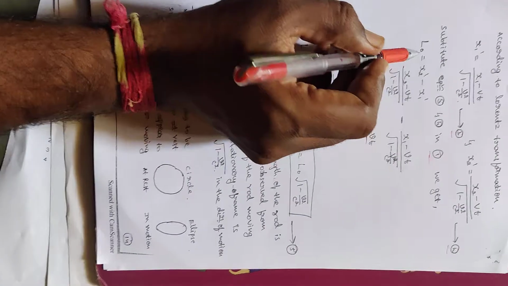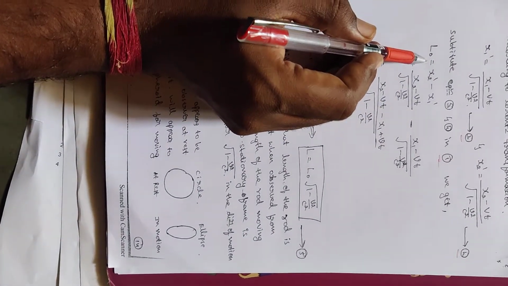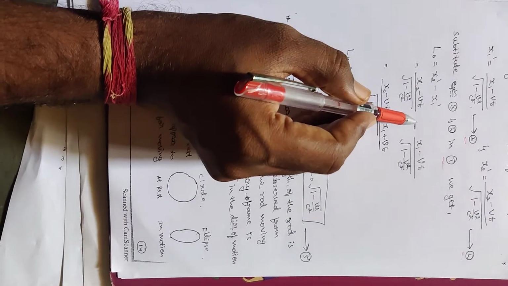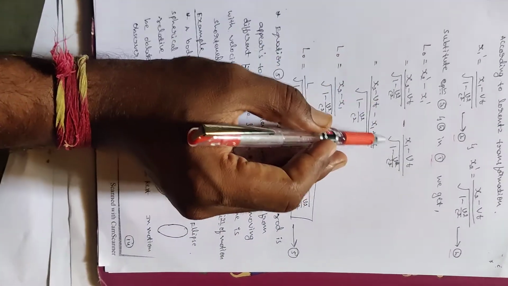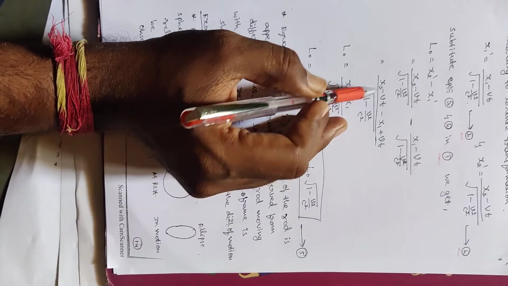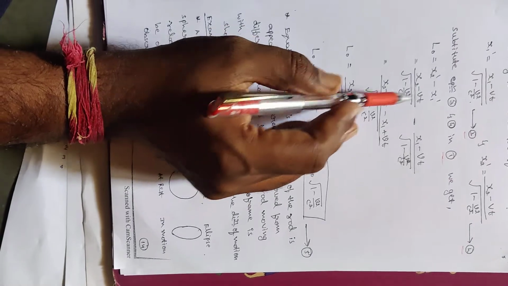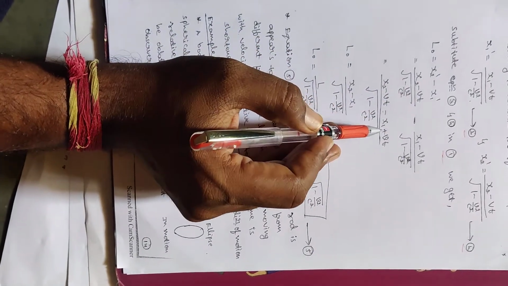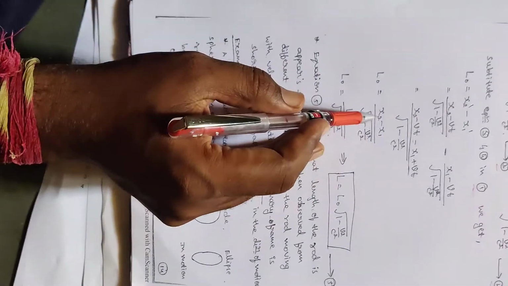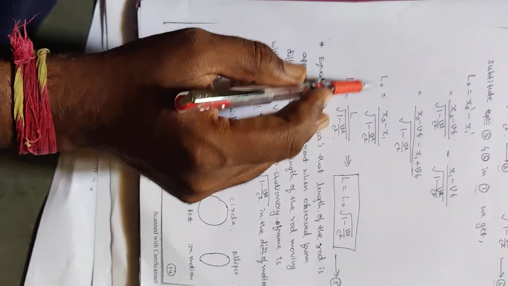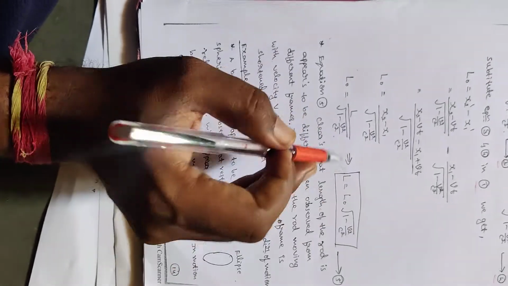We get L0 equal to equation 3 minus equation 4. The denominator is the same, so we write x2 minus vt minus x1 minus vt, and the vt terms cancel. The remaining term is x2 minus x1 divided by square root of 1 minus v square by c square.